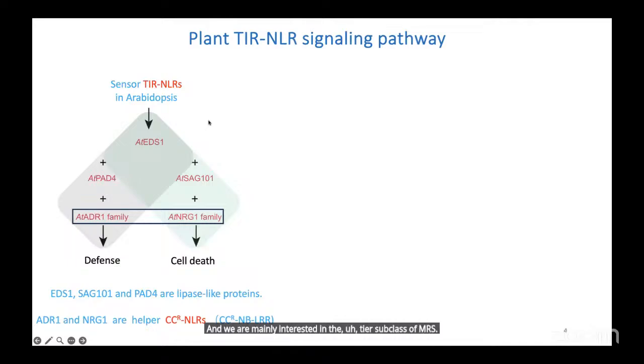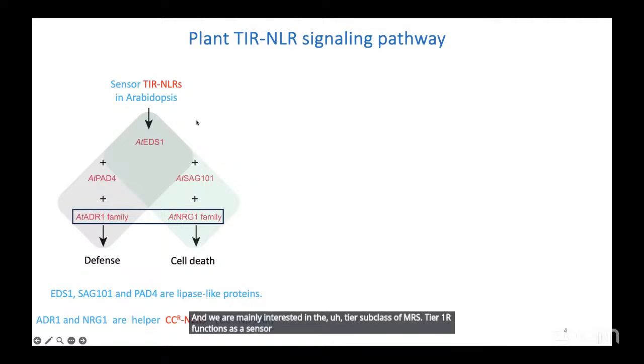TIR NLR functions as a sensor of pathogen effectors to initiate immune signaling. Downstream of sensor TIR NLR, a special class of NLR with a typical CC domain, known as CC-RPW8 domain, functions like helpers to execute immune functions.